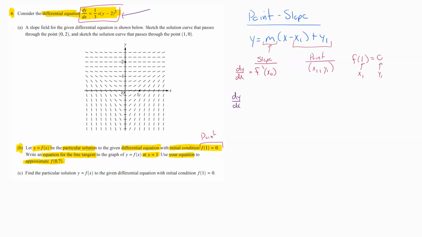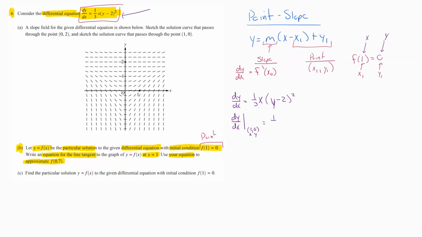So dy dx equals 1/3 times x times (y minus 2) squared. Well, what we need in this is an x and a y to plug in there. And oh crazy, what do we have? When we grabbed our point, we got our x and our y. So you're just going to use those same two values. A lot of times you'll see them notate it with evaluated at, and then you would put the point (1, 0). That's our x, that's our y.